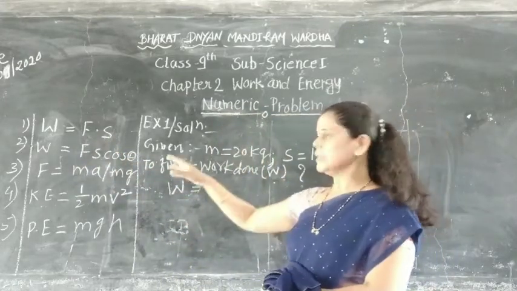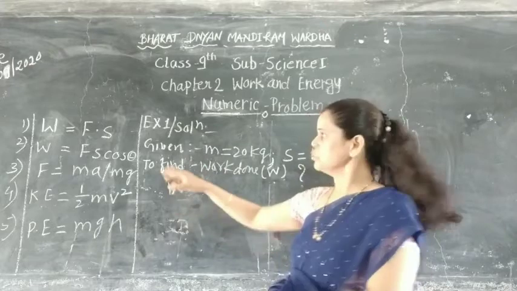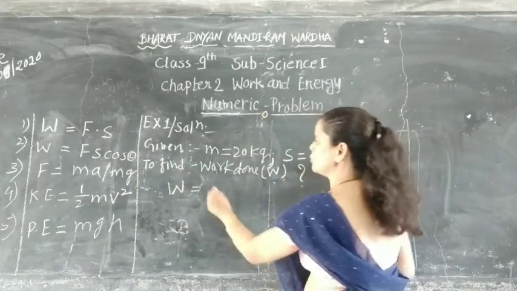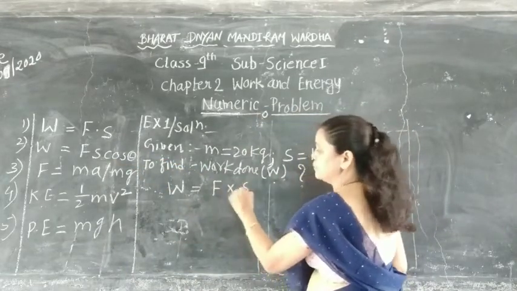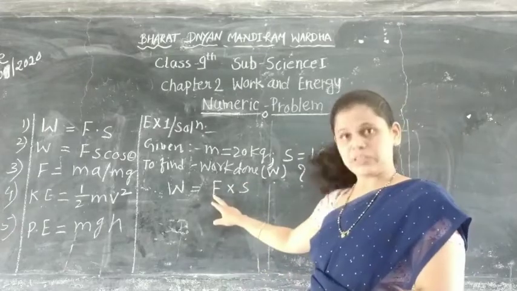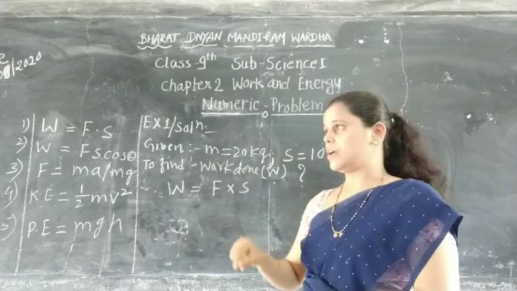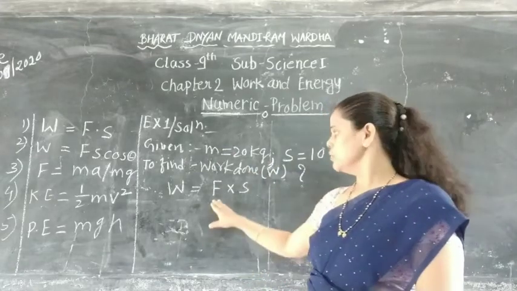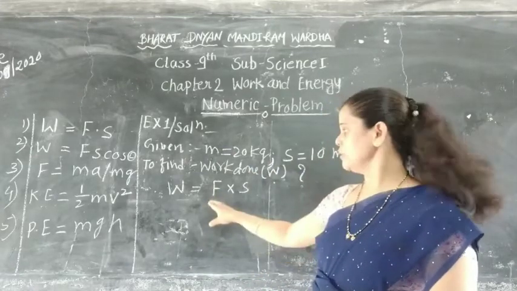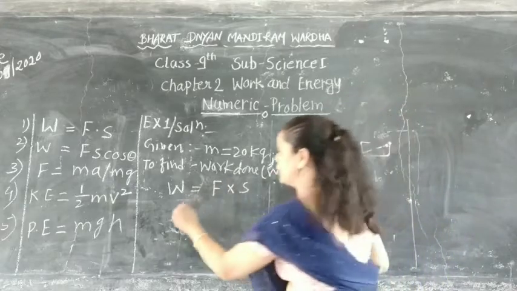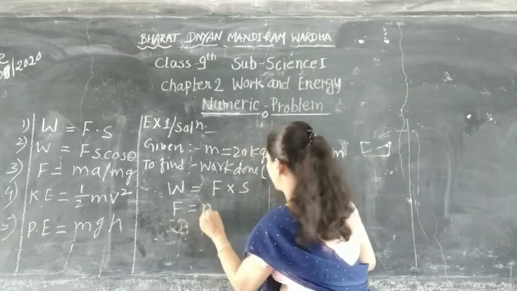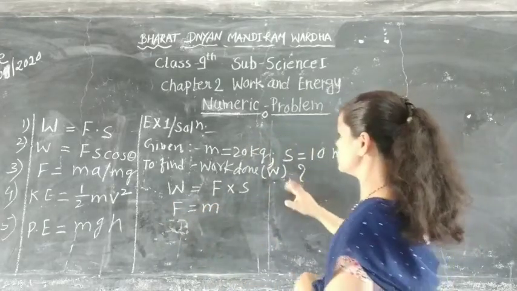Here angle is not given, so use the first formula, W equals to Fs. But here is F given? No. Here m is given and displacement is given. But we know one formula to calculate the value of F. So write down F equals to mg.